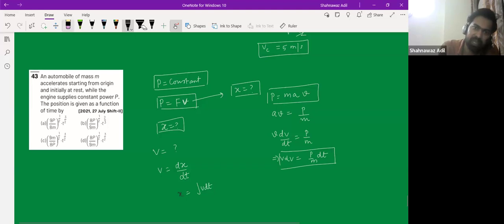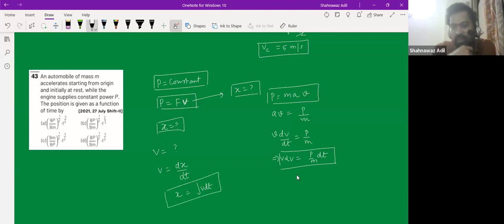First, you have to find out v, and then in the second step find out the x. Please tell me what is the answer you are getting.